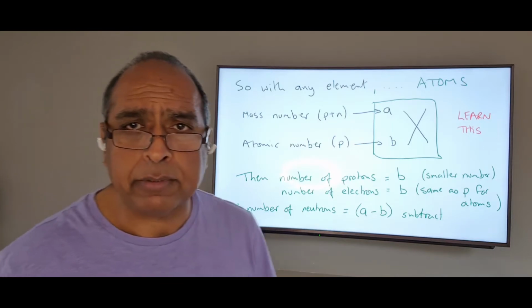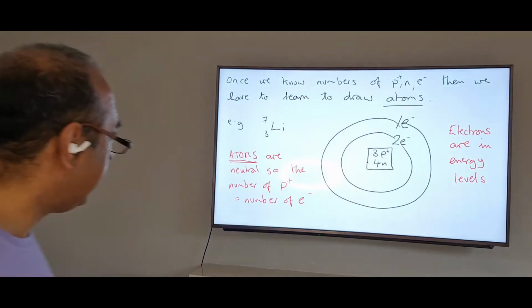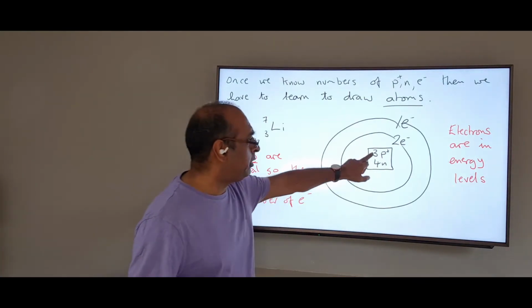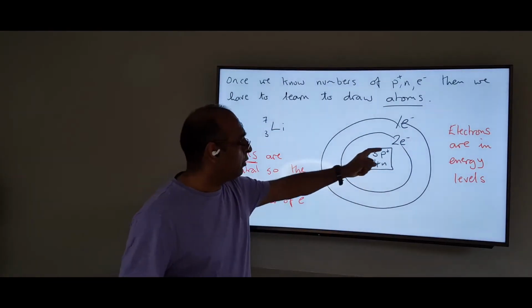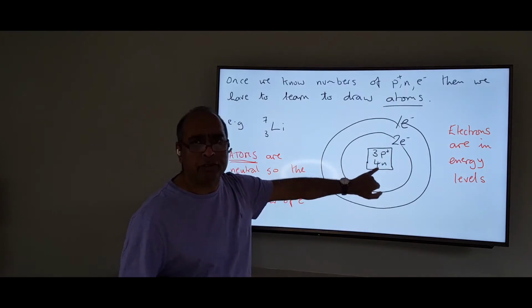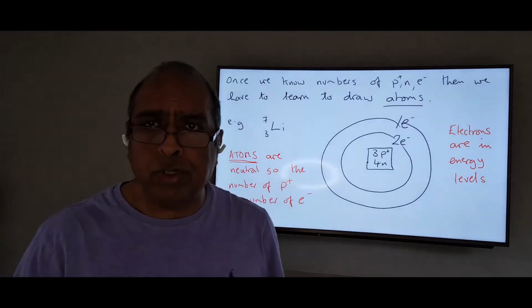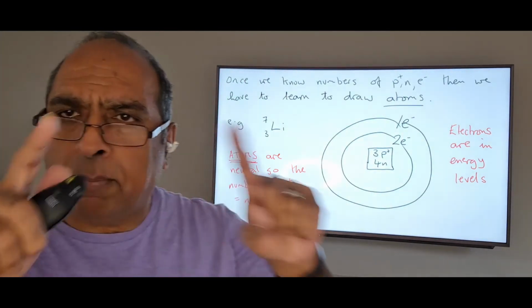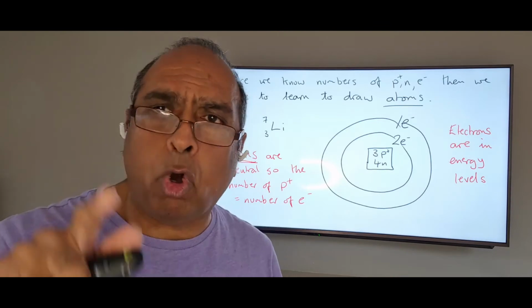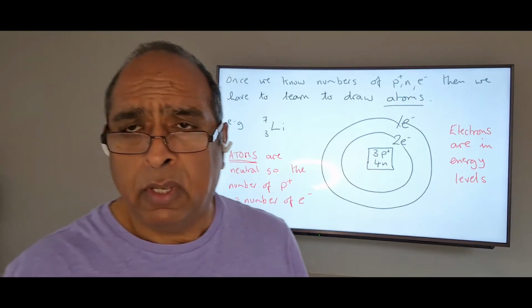Let's look at some examples. Now, this is lithium. 3 protons, 3 electrons. Subtract, 4 neutrons. Now, I tend to draw nuclei in little boxes to stop me getting confused with the orbits that are circles. Now, you don't have to.